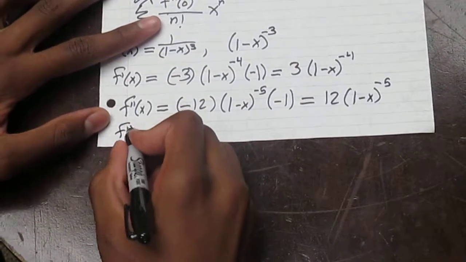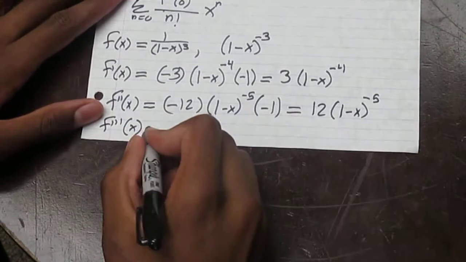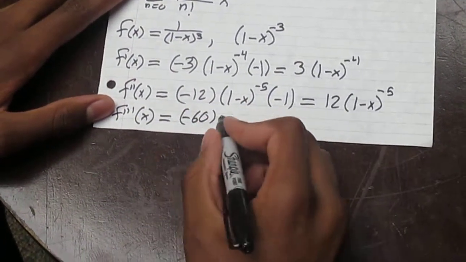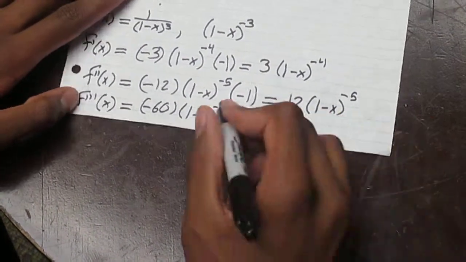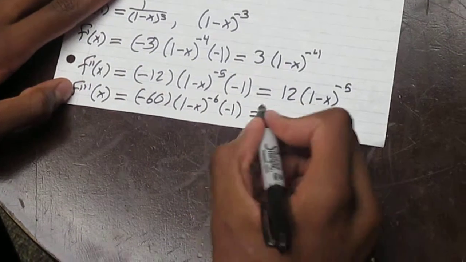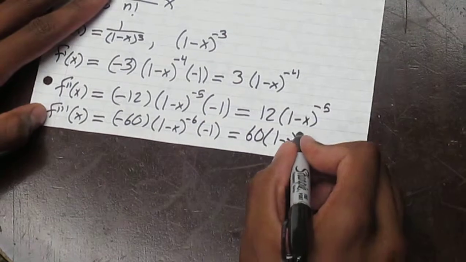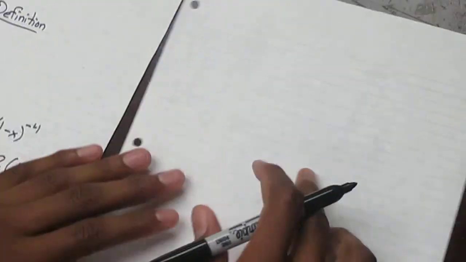And you just keep taking the derivatives, and then we'll plug it into the Maclaurin series definition. So negative 60 times 1 minus x to the negative 6 times negative 1 equals 60 times 1 minus x to the negative 6. Alright, so let's start plugging these into the Maclaurin series.